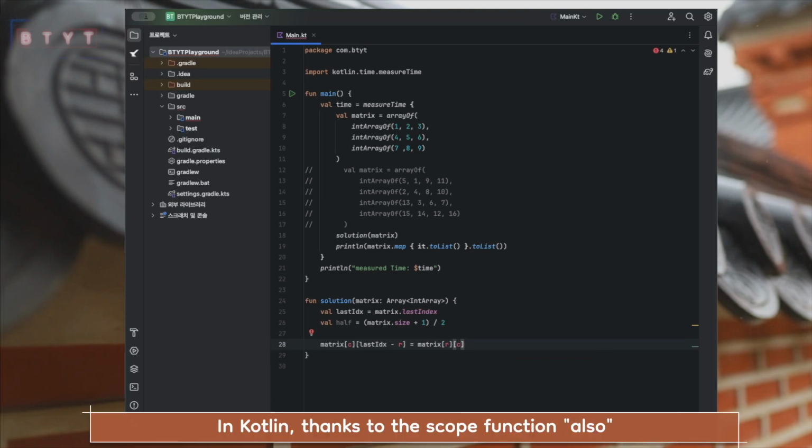in Kotlin, thanks to the scope function also, we don't need a temporary variable to swap two variables.